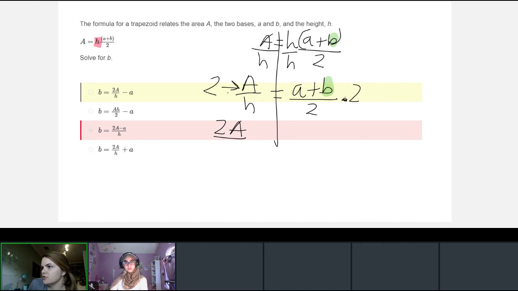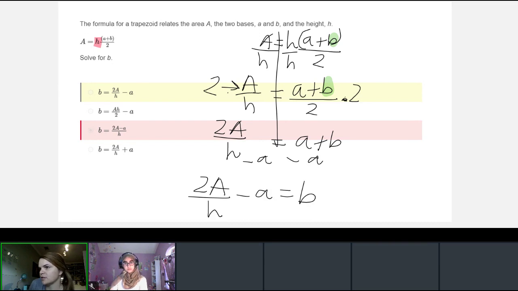This is 2A divided by H equals A plus B. Again, I'm solving for B, so I want to get rid of this positive A. To get rid of positive A, I'm going to subtract A from both sides. So I get 2 times A divided by H, minus A, equals B.